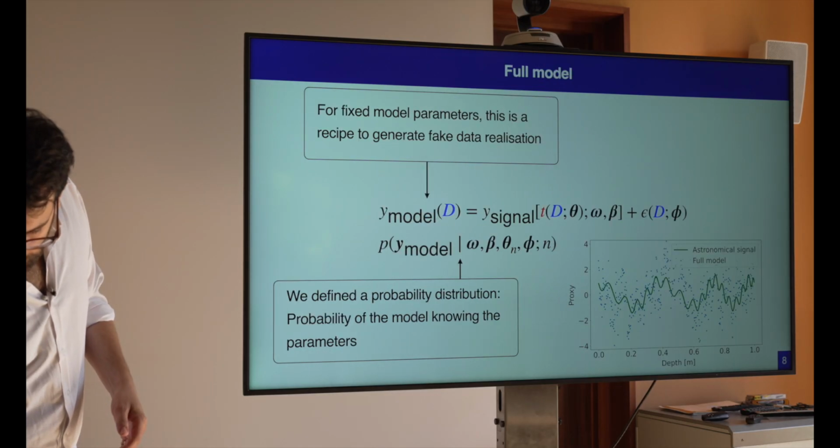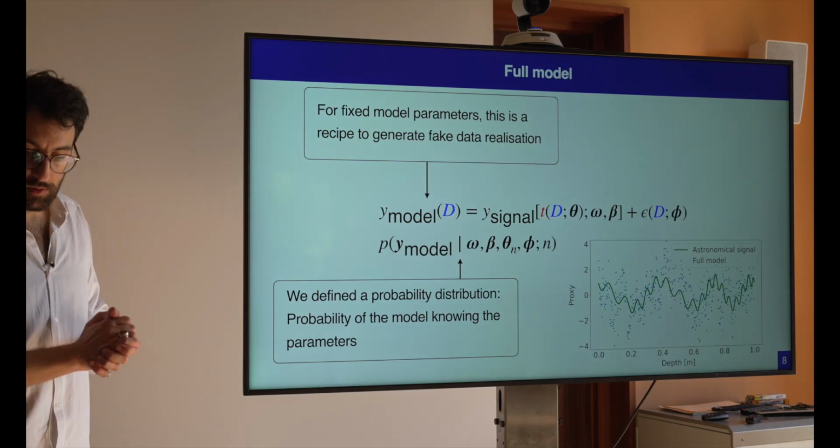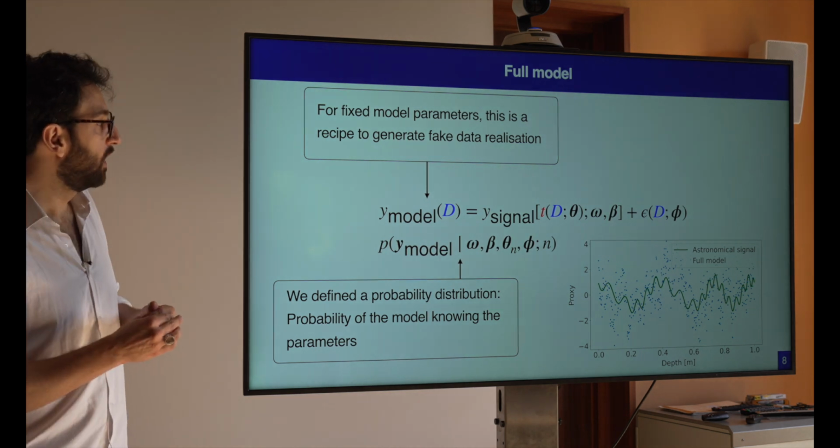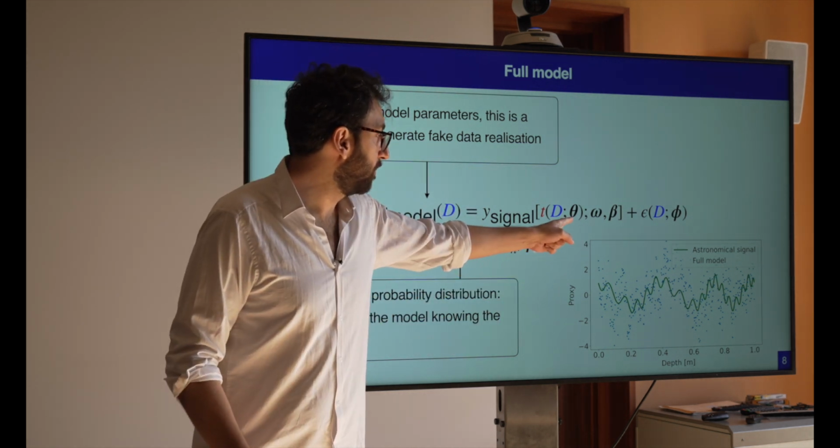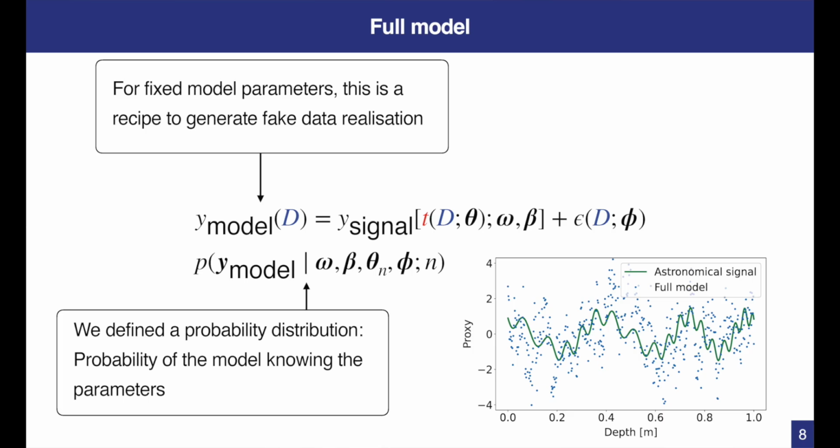So the full model in a parametric form with all the parameters: the time depth function parameters, frequencies, phase and amplitudes, and noise parameters. So in fact, here we have a recipe to generate fake data.